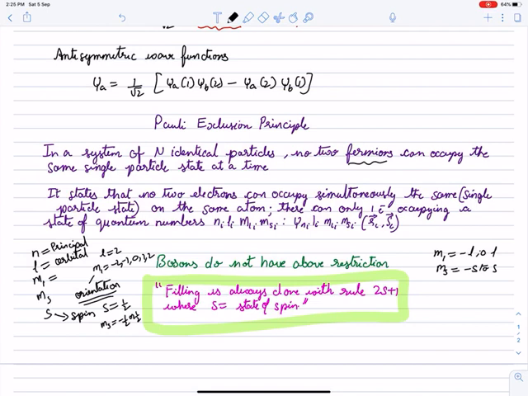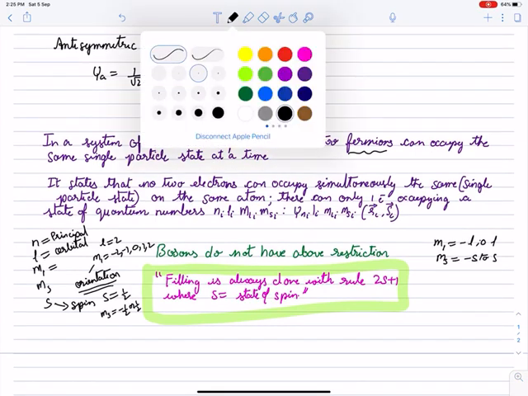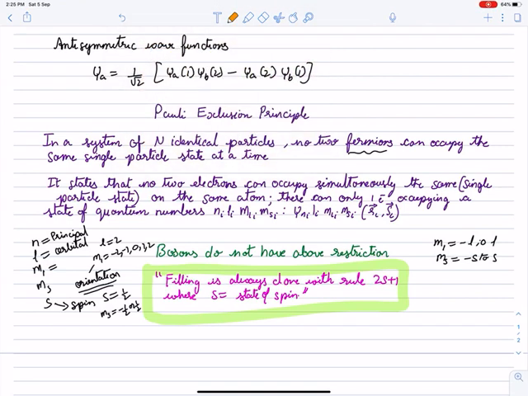Bosons do not have these restrictions, so you have to keep it in mind. This is very important, that bosons do not have the above restriction. Now, next point: filling is always done with the rule 2S plus 1.